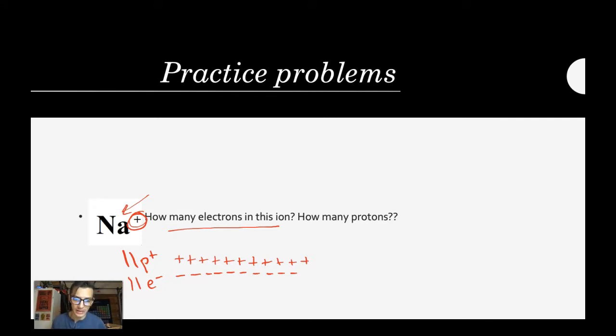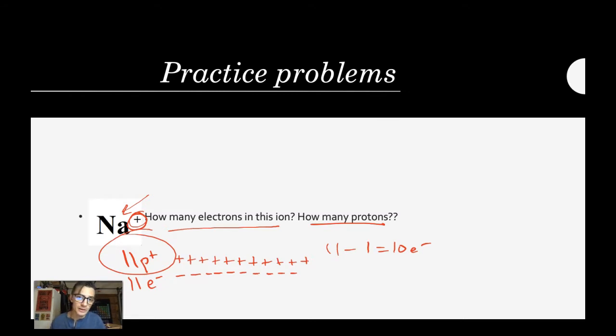And now the math is easy, isn't it? 11 minus 1, I lost 1 electron, equals 10. How many electrons does it have? It has 10. 1 less than it would when it is neutral. How many protons? Well, I had to figure that out, didn't I, in order to answer the question.